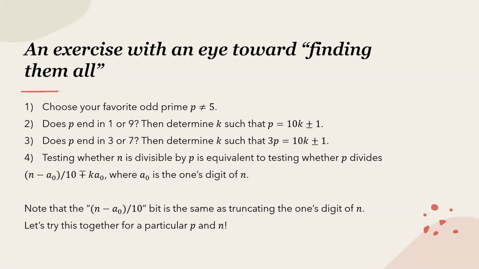Now, what if P ends in 3 or 7? Well, then if I multiply it by 3, that ends in 1 or 9. Yes? Okay. If I multiply P by 3, then it will end in 1 or 9, and therefore it will be within 1 of a multiple of 10.